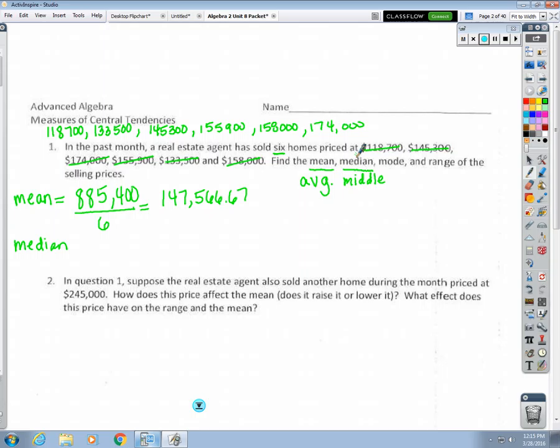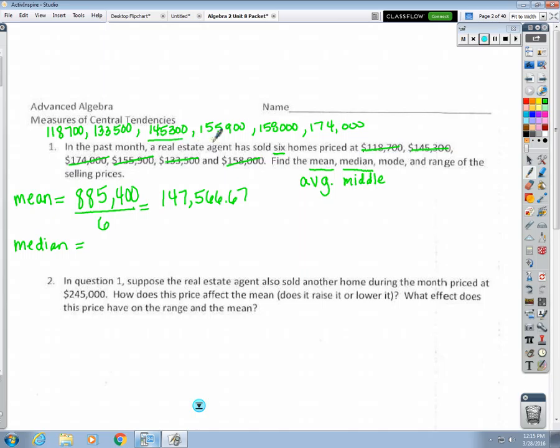I know that in a data list this short, you're probably not going to forget one, but your data lists are not all going to be this short. So I highly recommend some kind of system like marking them out so that you don't forget one number, because that one number will mess up all of your answers. Okay? So now, like we said, the median is the middle number.